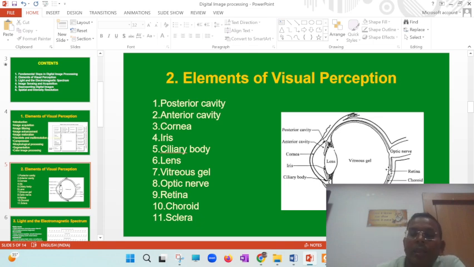The data presented on the retina is accepted by the brain, and the brain reproduces the same image which is coming through the lens. Different sections of the eye are shown here. The very first step to understand how an image is formed is the eye.